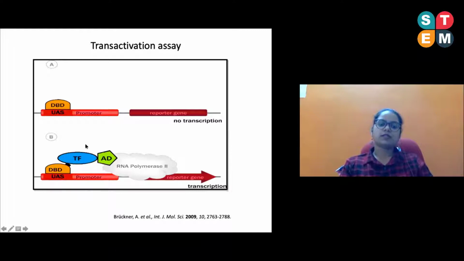And if this protein of our interest is able to recruit the RNA polymerase to the transcription site, there'll be expression of the reporter gene, which will lead to the growth of the cells on a selection media. Now, only if that particular protein has a transactivation property will we see the growth of the yeast cells.